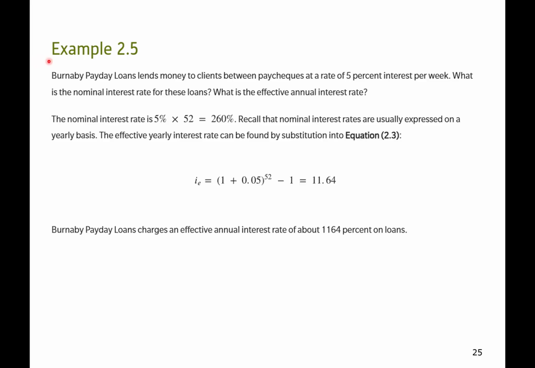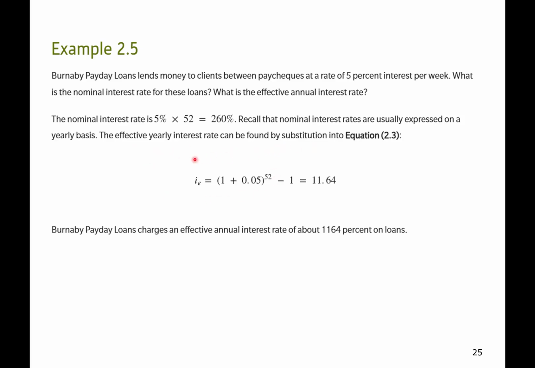Burnaby Payday Loans lends money to clients between paychecks at a rate of 5% interest per week. What is the nominal interest rate for these loans, and what is the effective annual interest rate? Well, the nominal interest rate is 5% times 52 equals 260%. Recall that nominal interest rates are usually expressed on a yearly basis, and the effective yearly interest rate can be found by substitution.